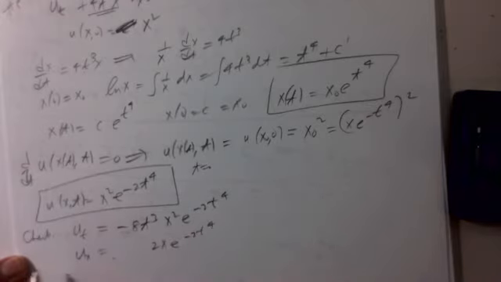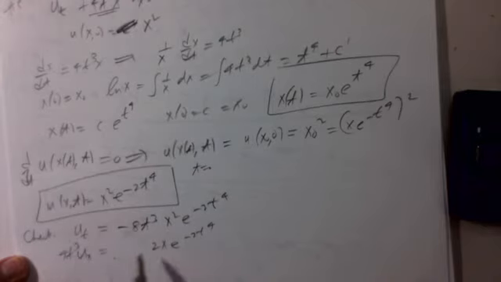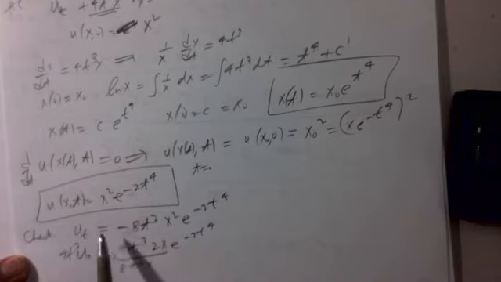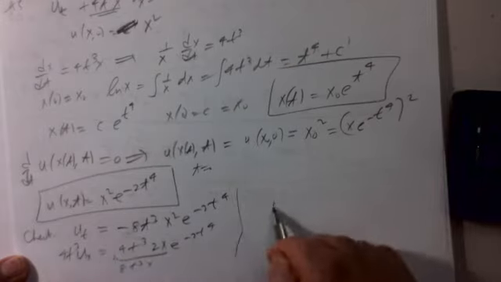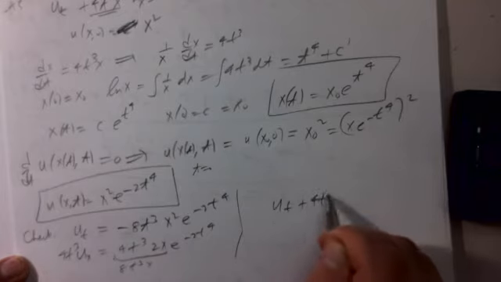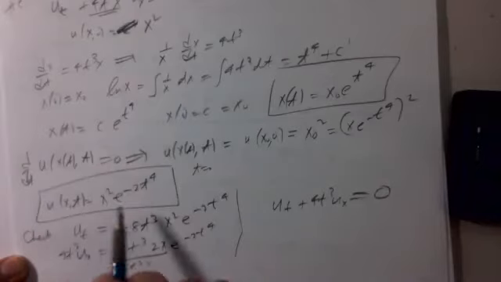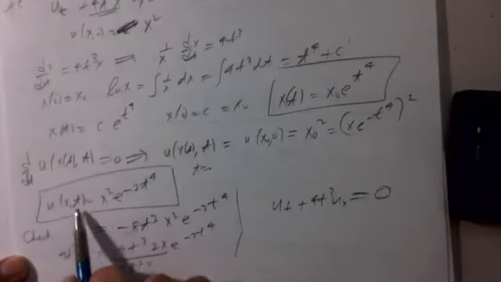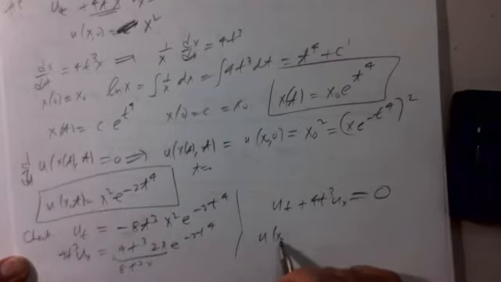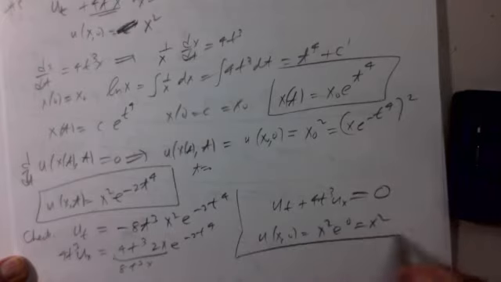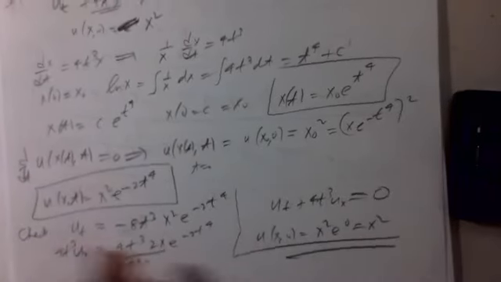If I multiply this by 4t cubed, this is exactly 8t cubed x. So u sub t plus 4t cubed x u sub x, they cancel and I get 0. And if I let t equal 0, u of x comma 0 is x squared e to the 0, which is x squared. So the initial condition is satisfied.